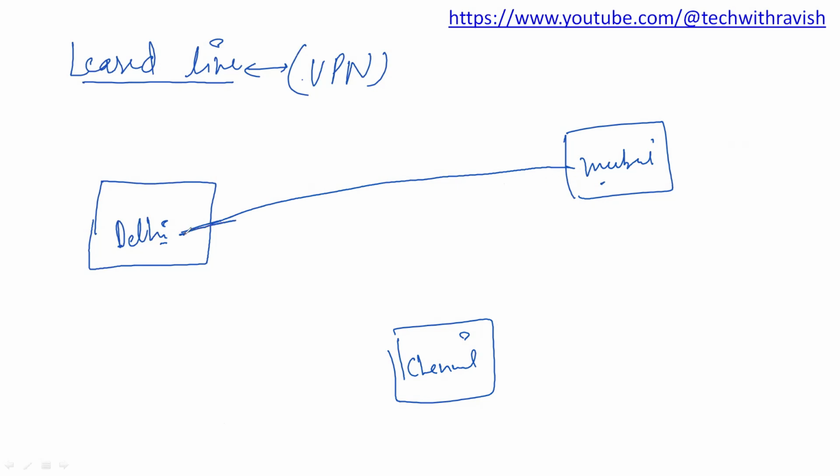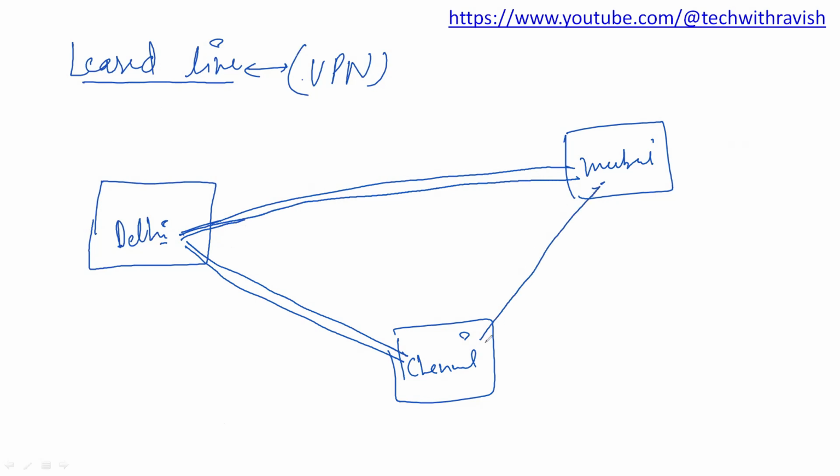A single network line will be provided from source to destination, and one line I will take between Delhi and Chennai, and a third line from Chennai to Mumbai. So I will use three dedicated lines.